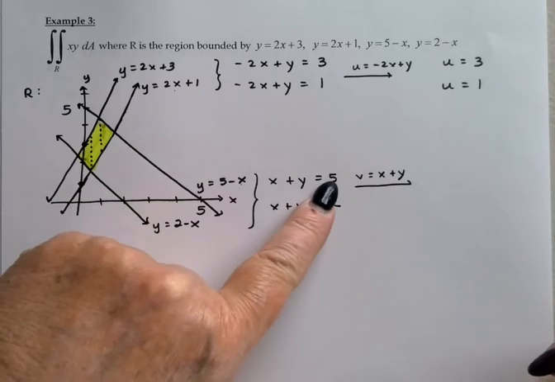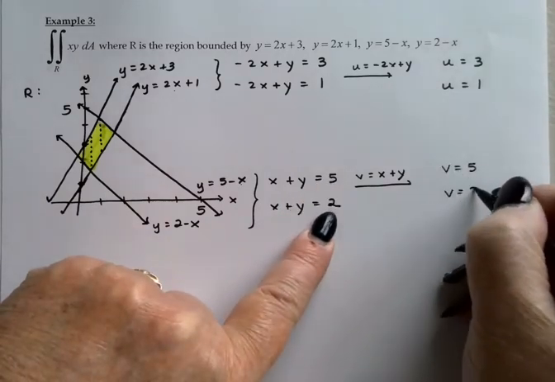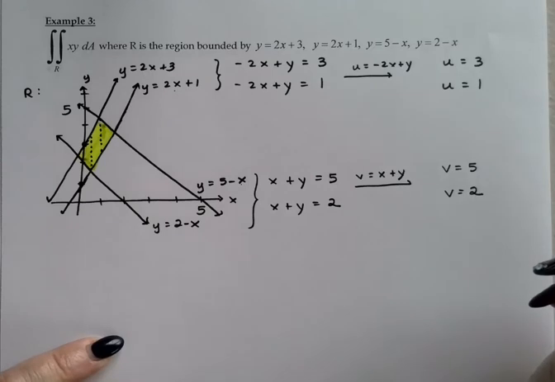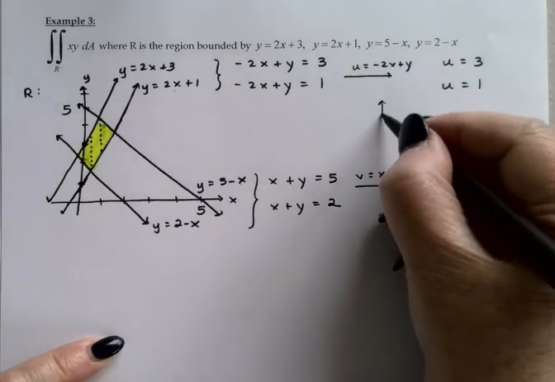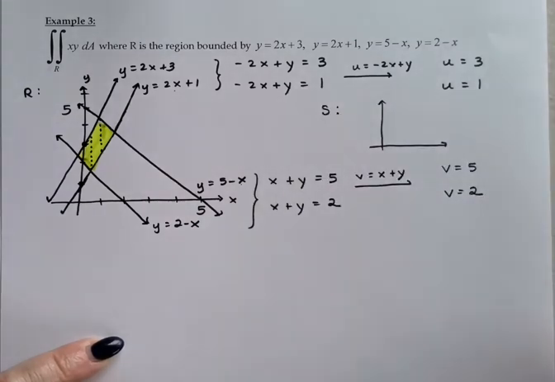That way I've got v equals 5 and v equals 2. That, of course, is a much nicer region to integrate over. In fact, if I sneak it right in here, this is now my region S.